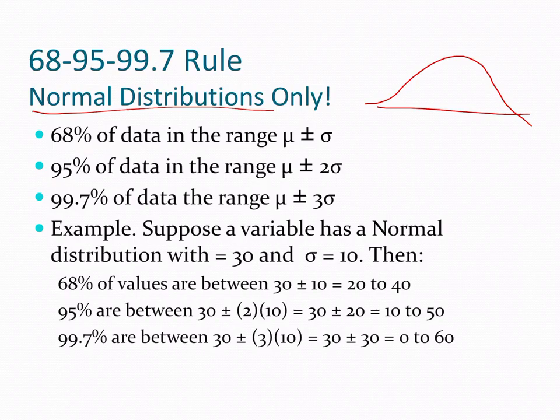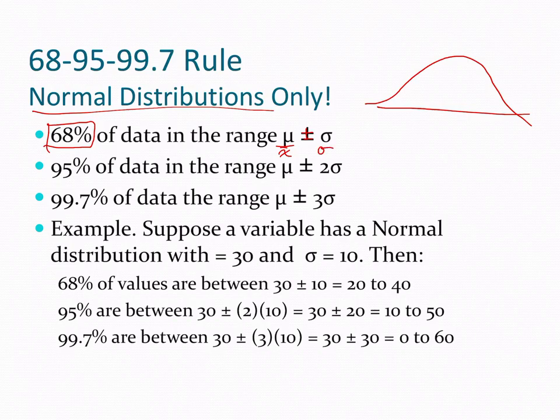What the 68, 95, 99.7 rule says is that 68% of the data is in the range of our mu, or we can say x bar, depending on if we're looking at sample or population averages, plus or minus our standard deviation.